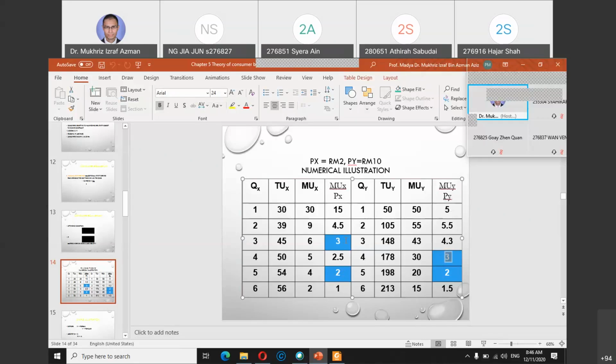For 3 and 3, when MUX over PX equals 3 and MUY over PY also equals 3, the consumer consumes 3 of X and 4 of Y. Another combination is when the ratio equals 2, where both commodities are consumed at 5 units each.